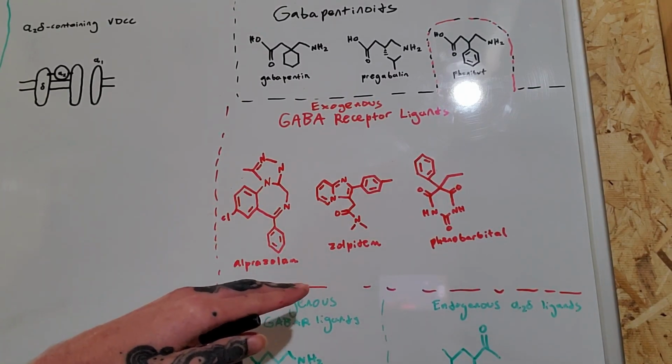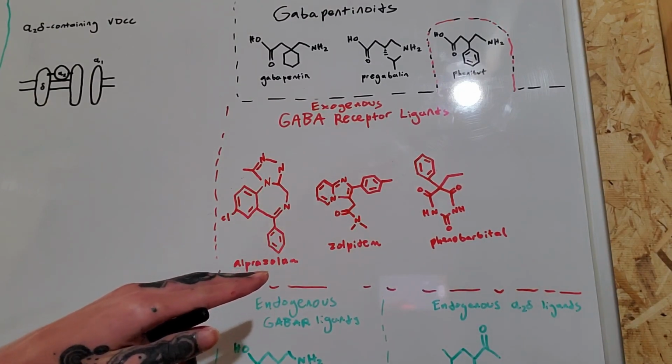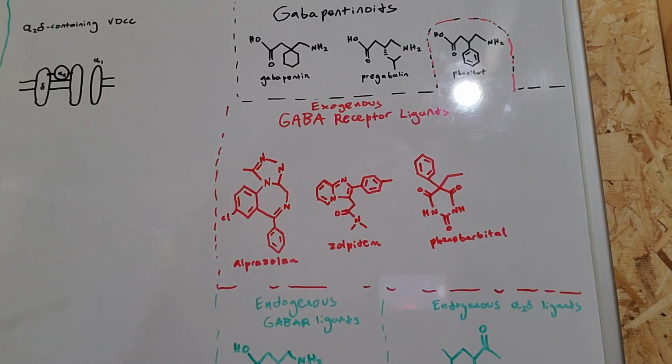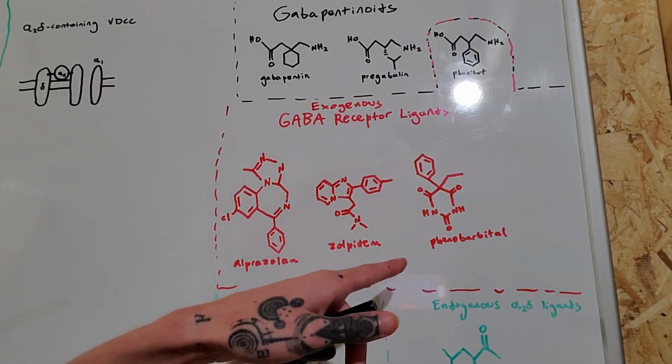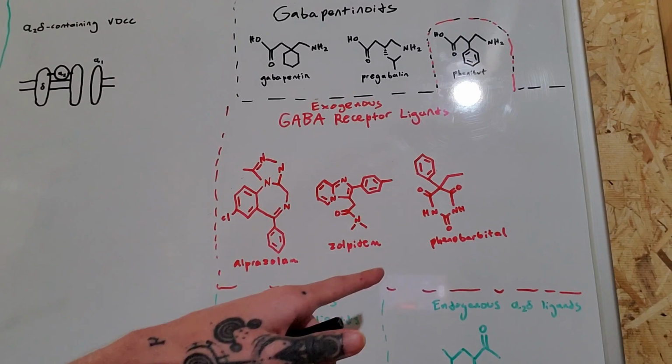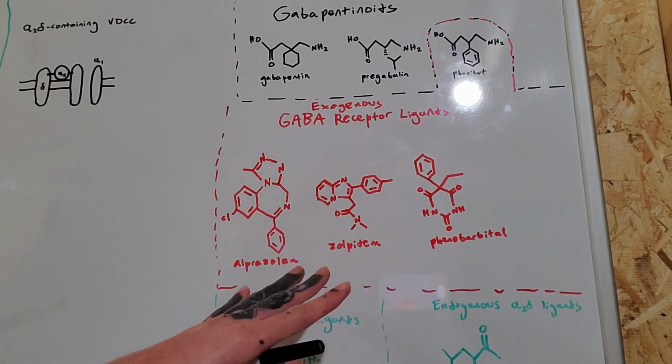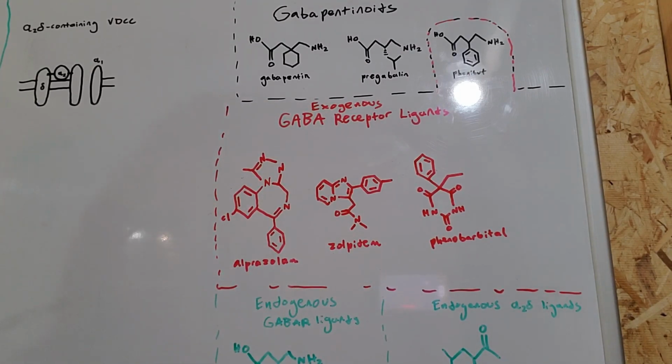They're chemically distinct from most benzodiazepines. And then we have phenobarbital, which is a representative of barbiturates, and which also interact with the GABA receptors. And these all interact in a similar mechanism, which I'll address later.